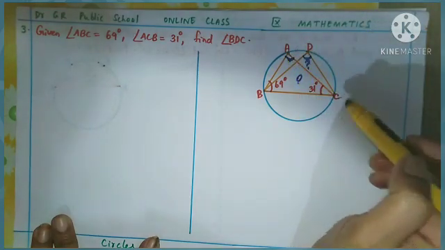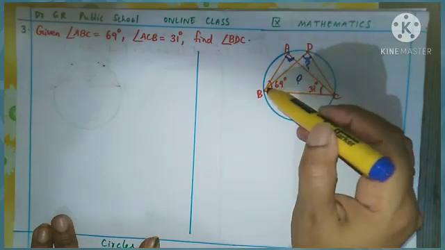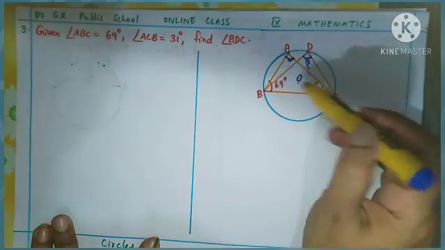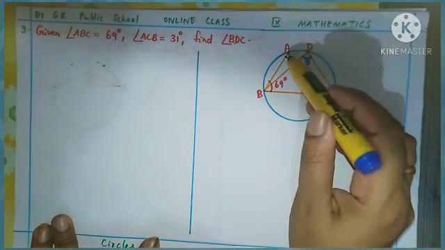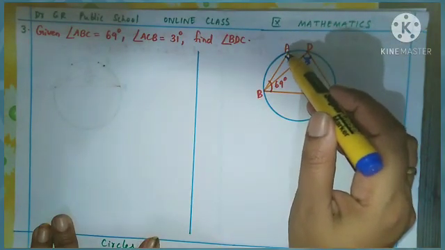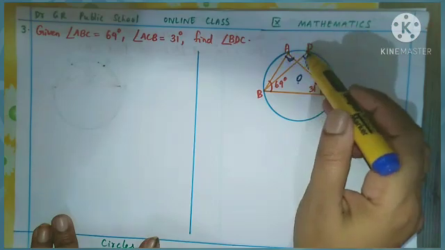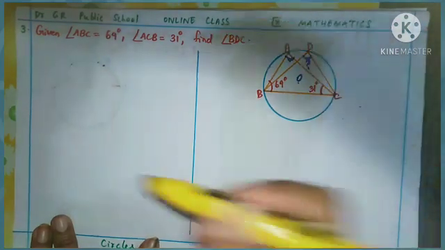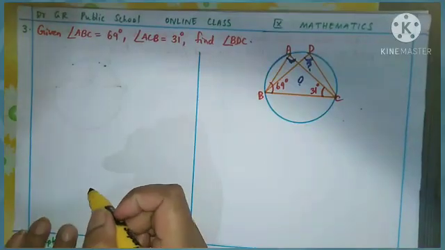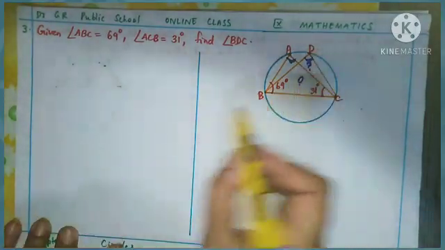It's very simple. Already in this triangle ABC, you are provided with these two angles. So by the angle sum property, we can find this third angle A, and that angle will be equal to D also. Understood? In this way we are going to find the answer for angle BDC.